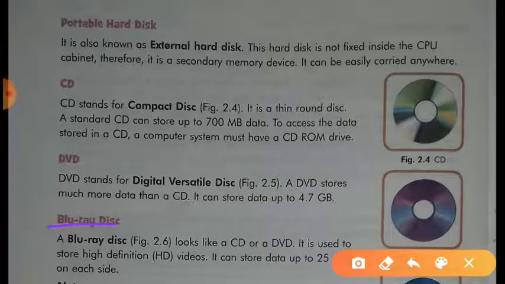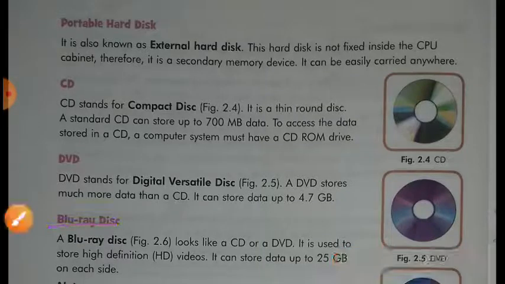A Blu-ray disc looks like a CD or a DVD. It is used to store high definition HD videos. It can store data up to 25 GB on each side.